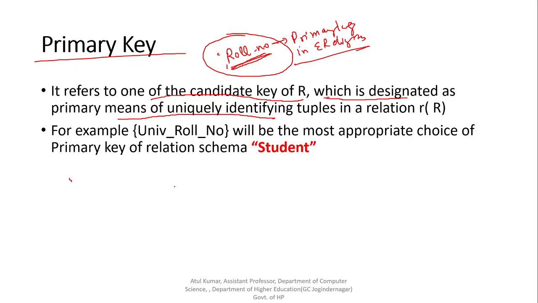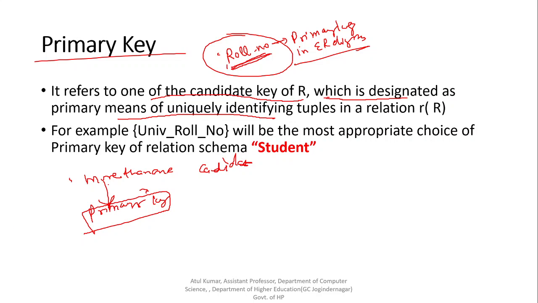So as I have discussed earlier, there is more than one candidate key, and we take one candidate key as a primary key. One candidate key is taken as a primary key and the others are left, and they are called alternate keys.